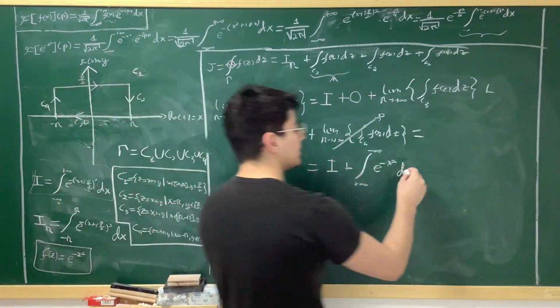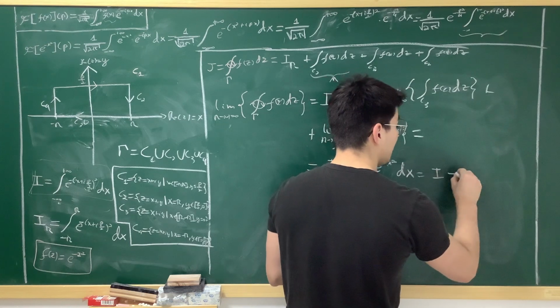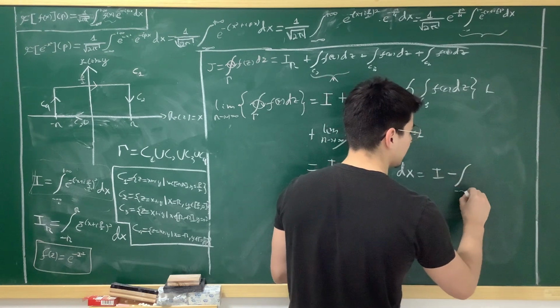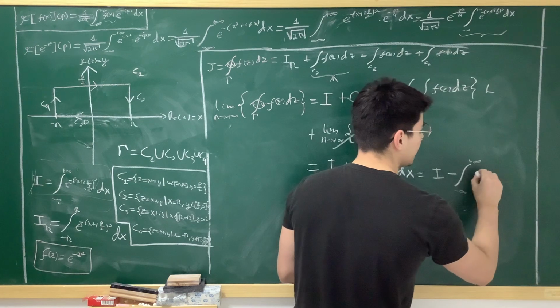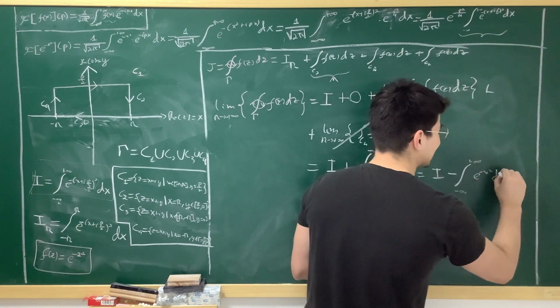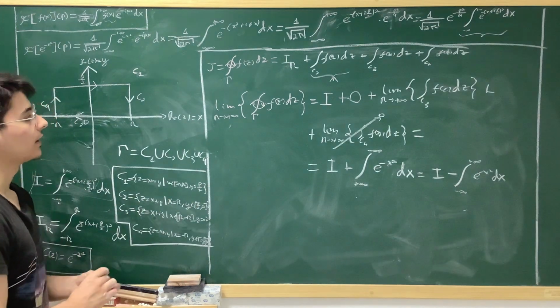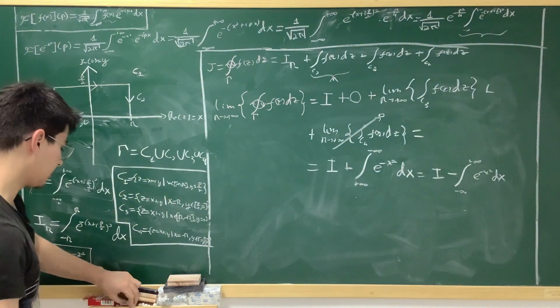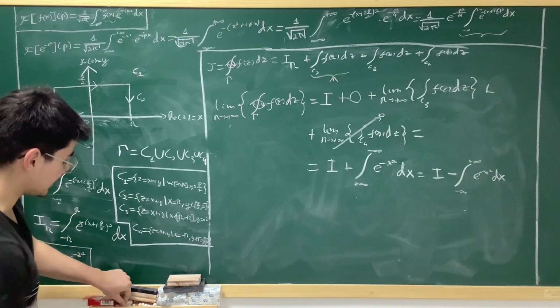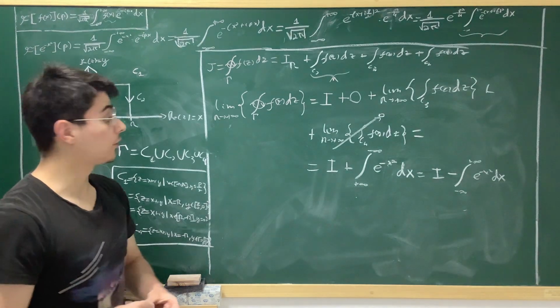Well, we can just rewrite this as I minus the integral going from negative infinity to positive infinity of e to the minus x squared dx. And this is our expression. Now, as I said, we are going to use Cauchy's residue theorem.